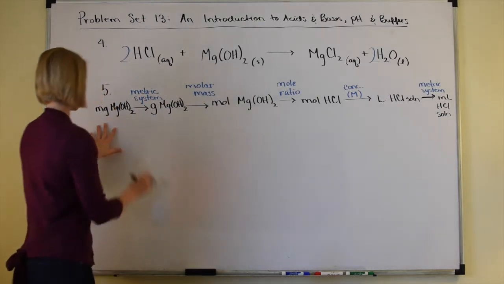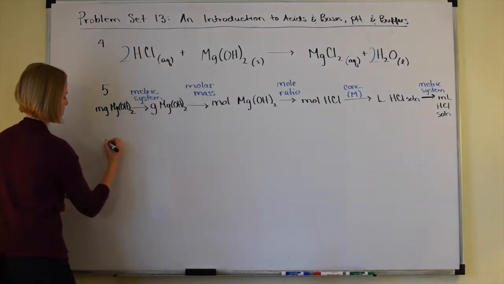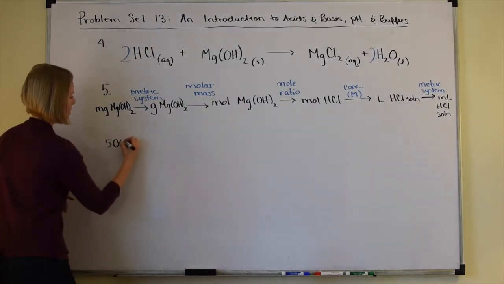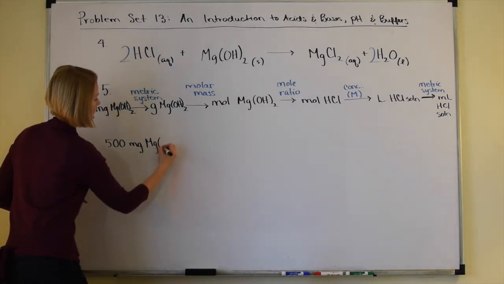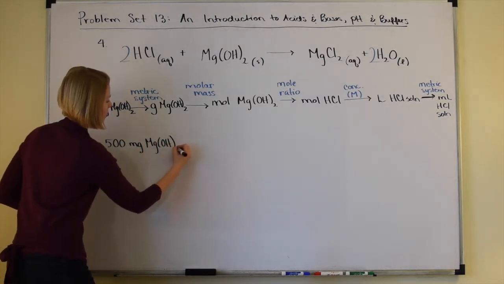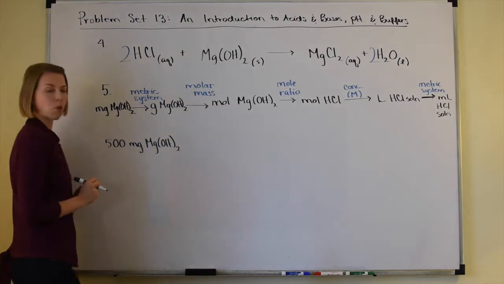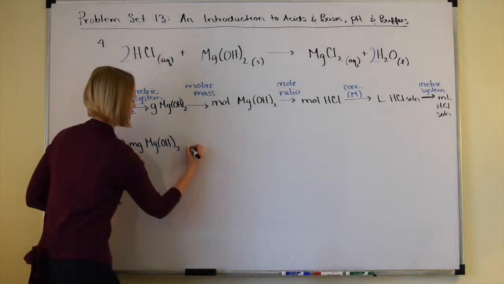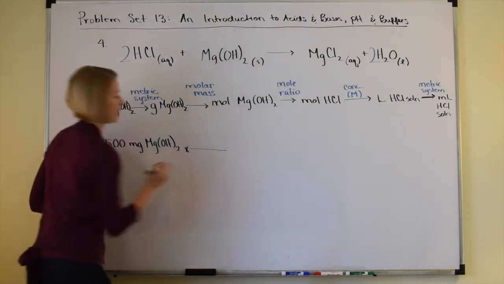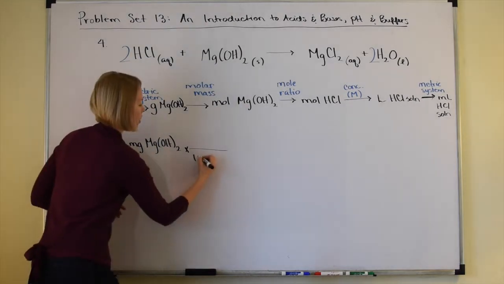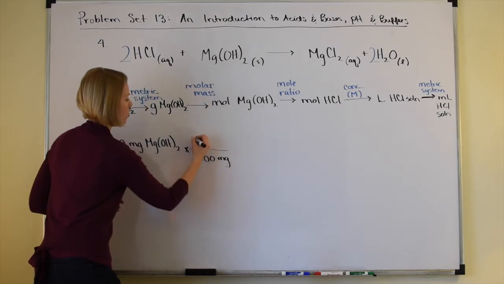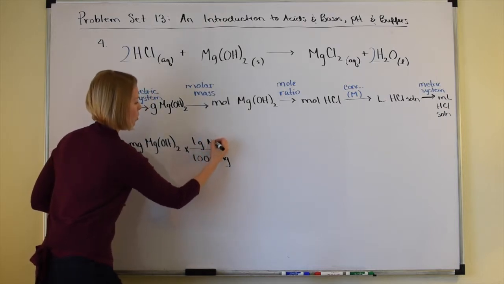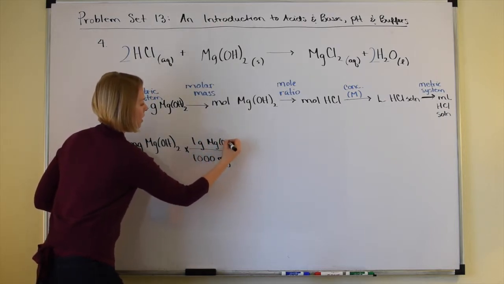All right, so let's go ahead and start setting up this problem. We have 500 milligrams of magnesium hydroxide. It's in a tablet form. How many grams is that? We know there are 1,000 milligrams in 1 gram.